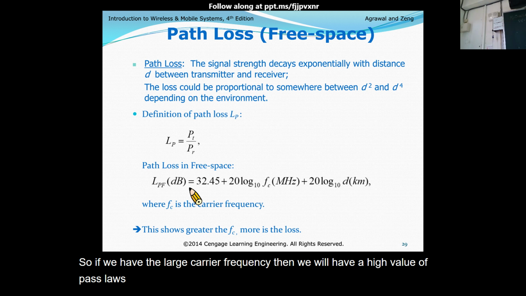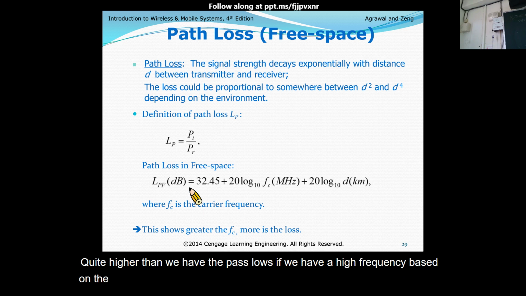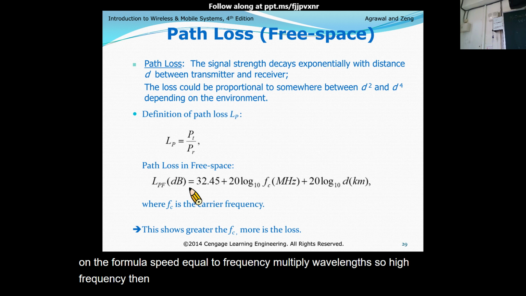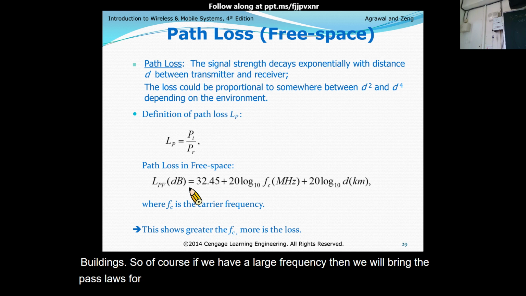Why is the path loss higher? If we have a high frequency, based on the formula, speed equals frequency multiplied by wavelength. So high frequency, then we have a really short wavelength. Really short wavelength will incur possible blocking by buildings. So of course, if we have a large frequency, then we will bring the path loss for sure. But follow the current formula.